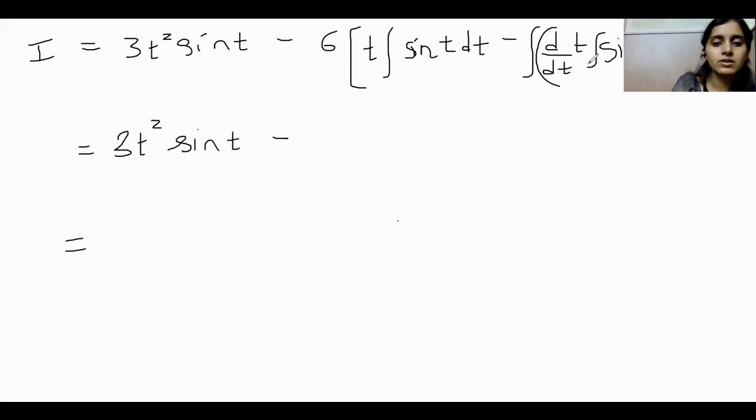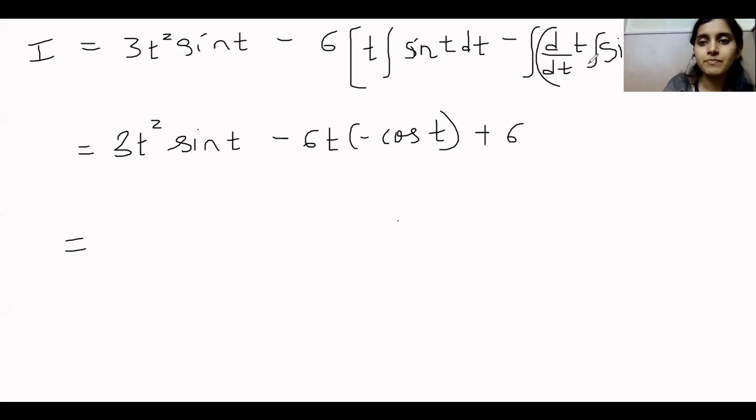I'll put the 6 inside, so minus 6t. Integration of sine is minus cos t. Minus into minus plus 6, and d by dt of t is 1. Integral of sine t is minus cos t dt.